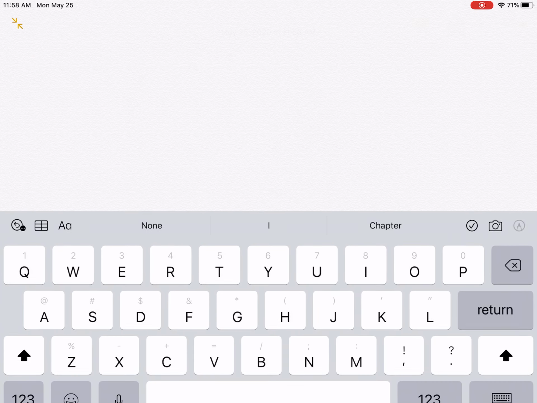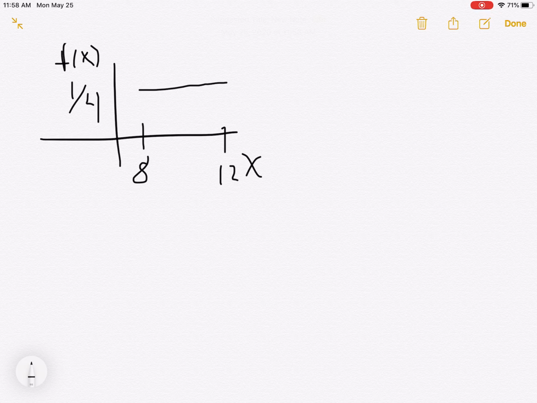Okay. If I was to look at this, here's going to be f of x, here's going to be x, here's going to be 8, here's going to be 12, and that's 1/4. I want to calculate that between 9 and 11.